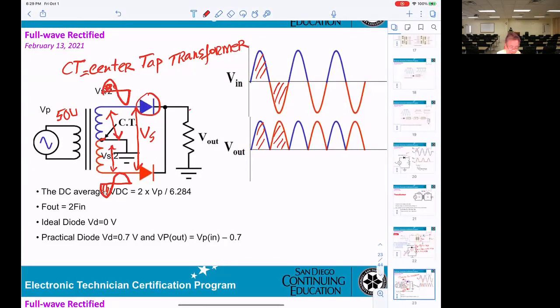That's why you get this on. Then when you get a negative here, this is positive here, turn this on. So this negative here is also on. So that's why they can keep going. That's what they call a full wave rectifier.